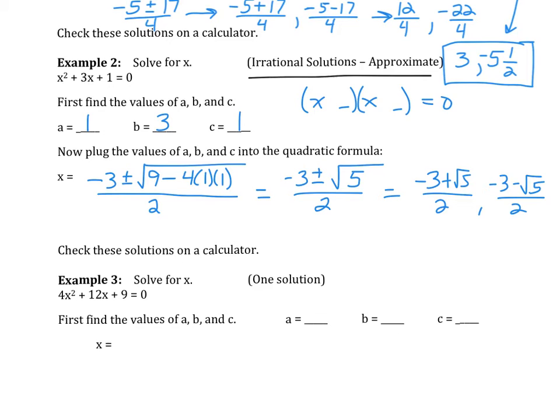Okay, so I'm going to go to my calculator, and the square root of 5 is 2.24, so that's negative 3 plus 2.24 over 2, and negative 3 minus 2.24 over 2.